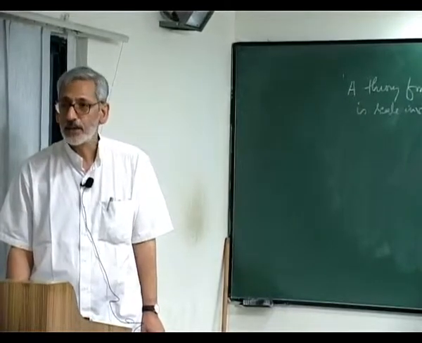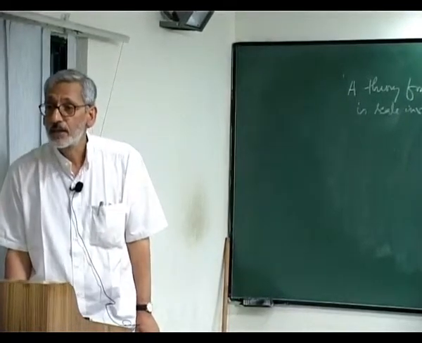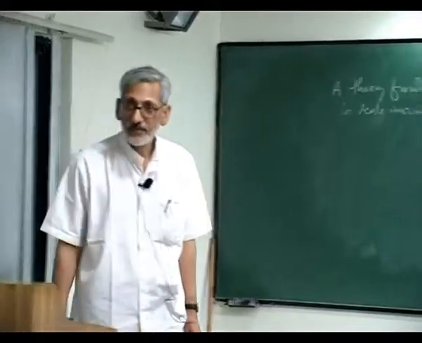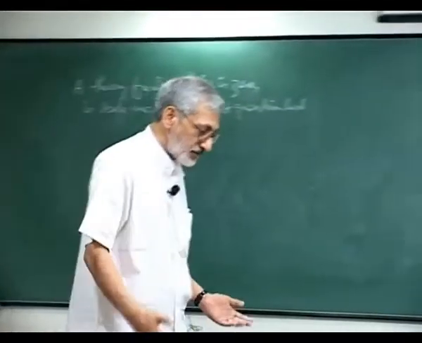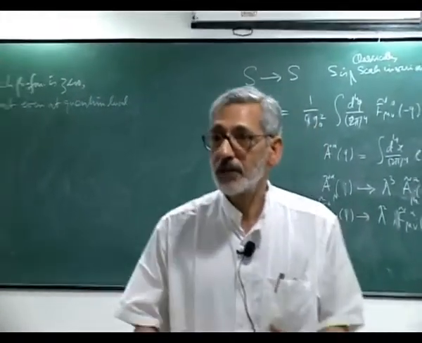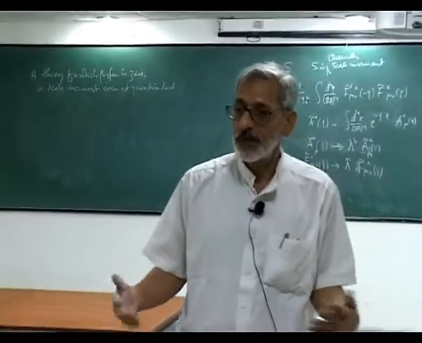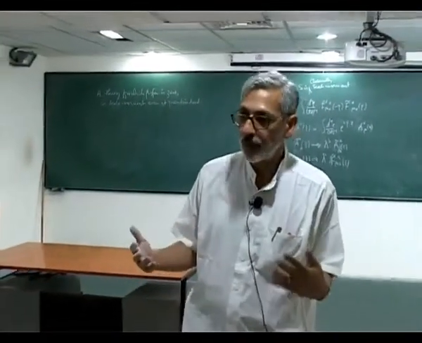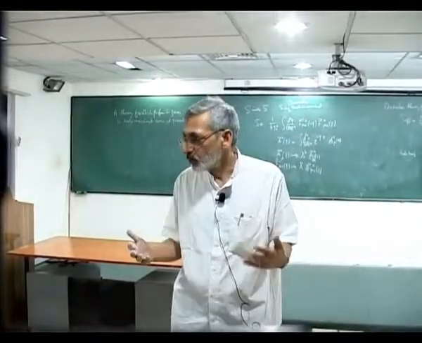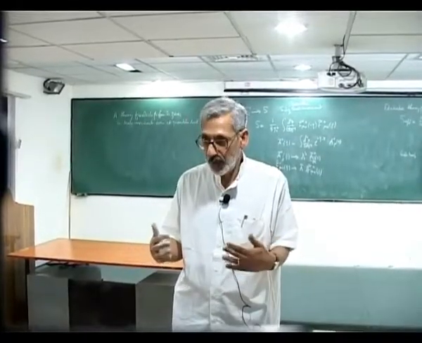Yes, it's true. Now the beta function to all loops must vanish. Then you will have invariance even at the quantum level. But if it vanishes at one loop level, that is not good enough.